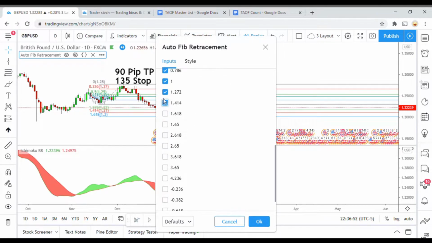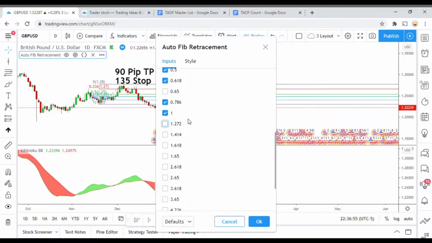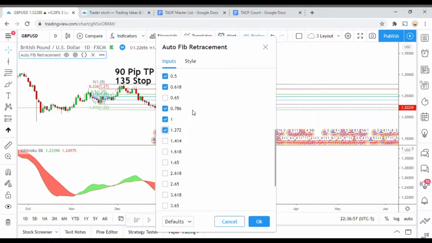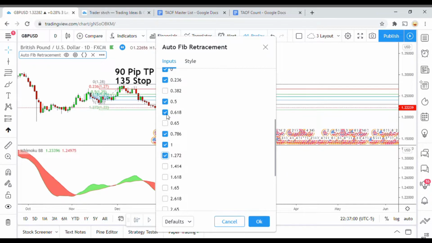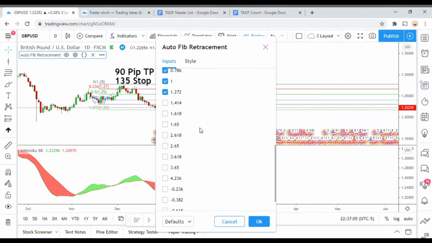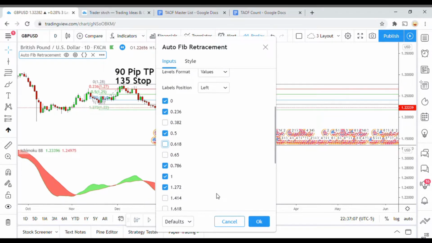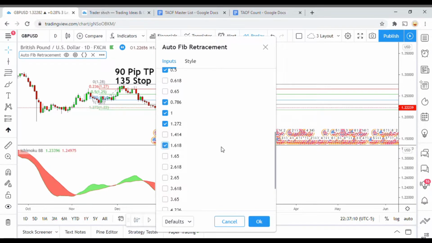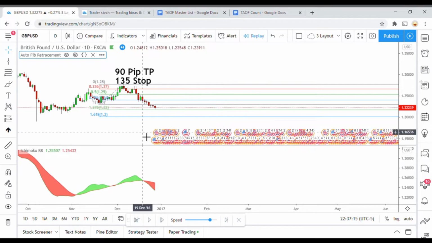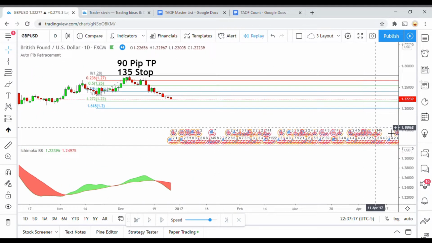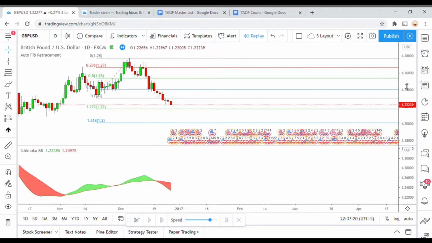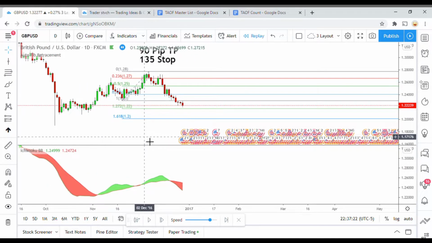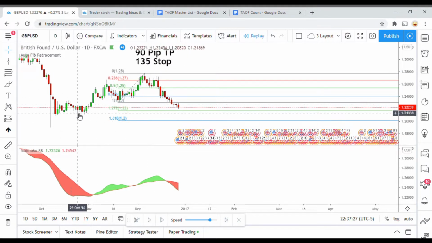You can go in and play around with the different levels that you want set on the Fibonacci retracements, and fiddle around. You can research and look up what the best Fibonacci levels are, and then map those out on the auto Fibonacci, and use those as a price action map, a support and resistance kind of price action map.